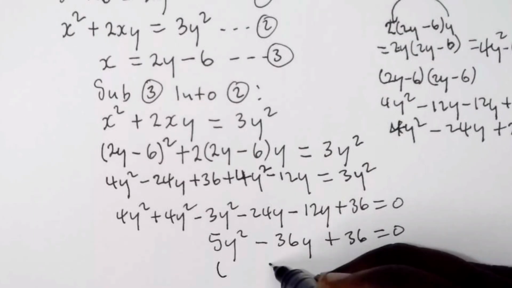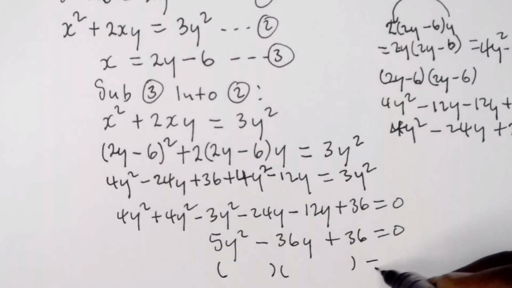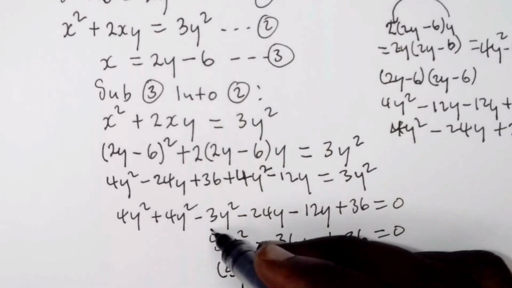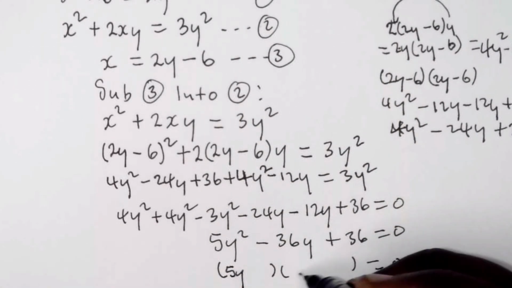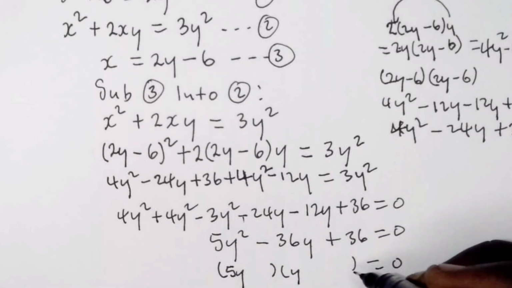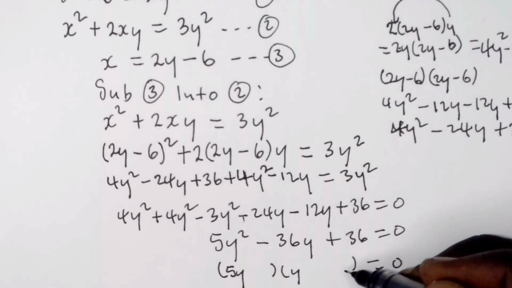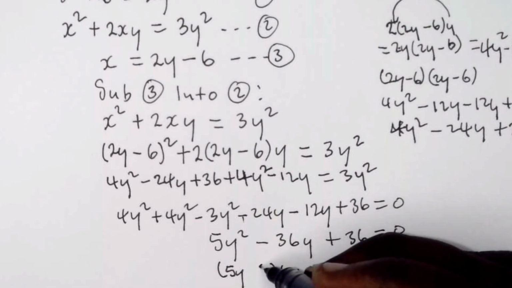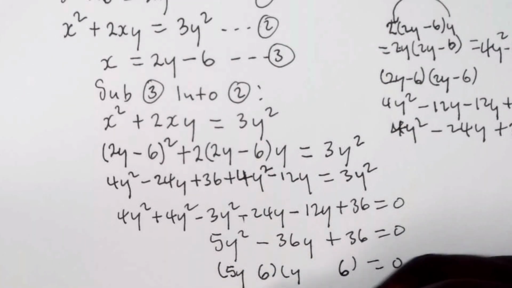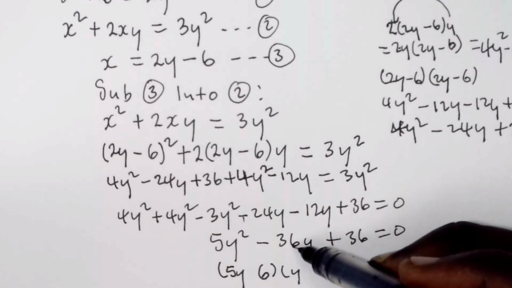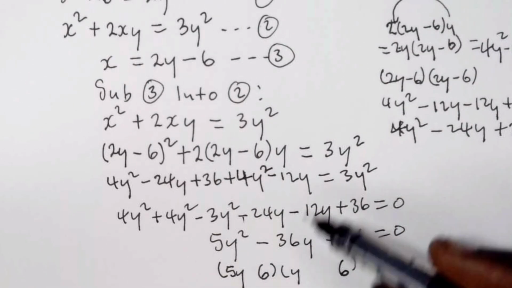So here you open two brackets. Once you have these 5, so 5y times y is going to be 5y squared. So here, that's how it's going to work. So we need a number that is going to be here and here. 5 times 6 is going to be 30 plus 6. It's going to be 36. But now, what about the signs?